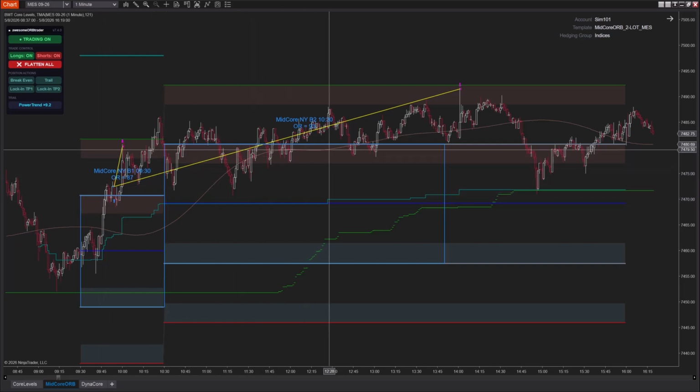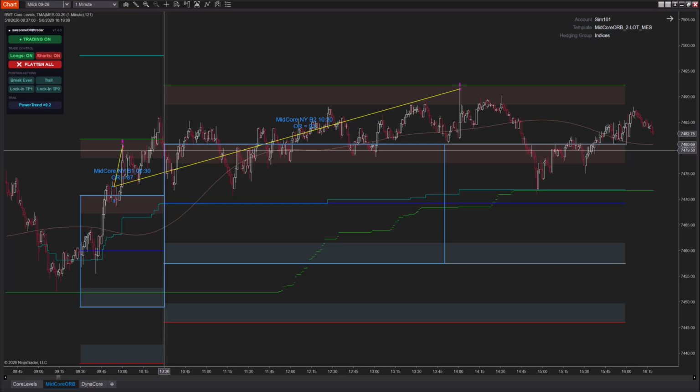Everything else pretty much remained the same, except for the fact that once it breaks out, the first target will be the next closest core level. So in this case, it broke out of mid one, and the next target is expected high. And as you can see, price action hits it or almost wicks it and turns around.